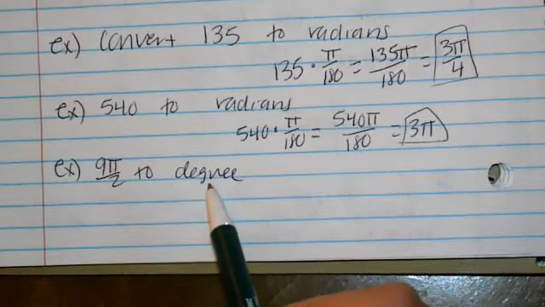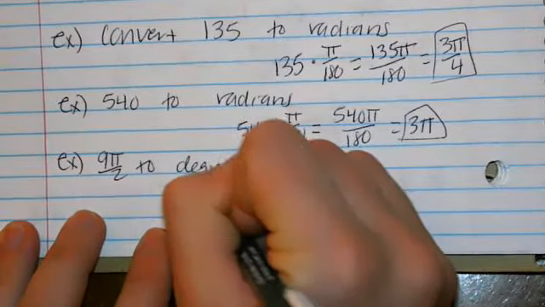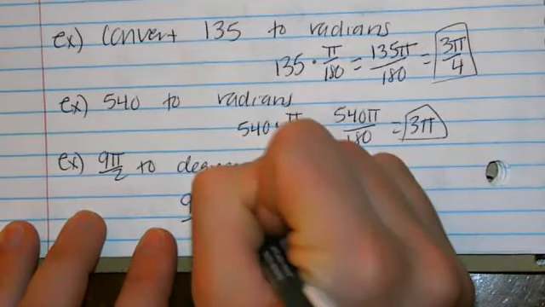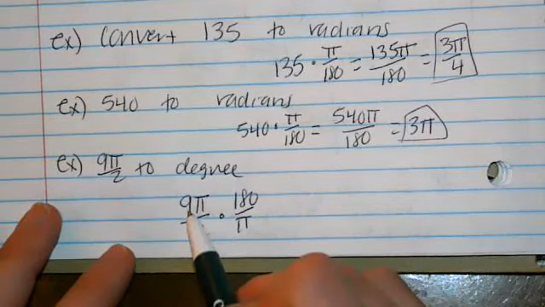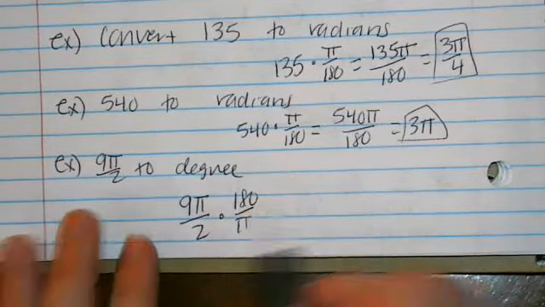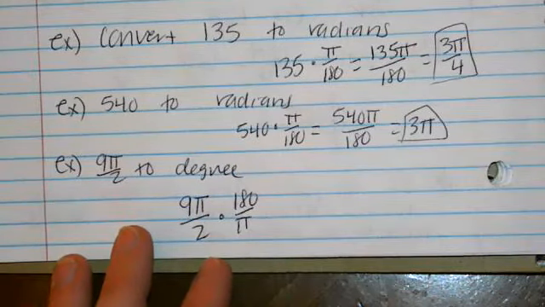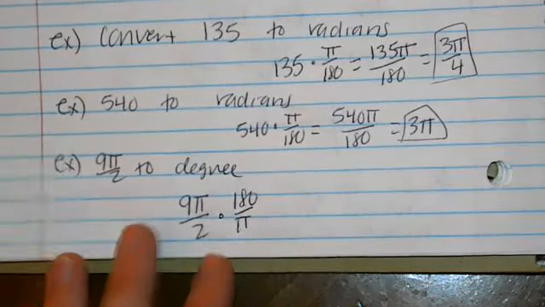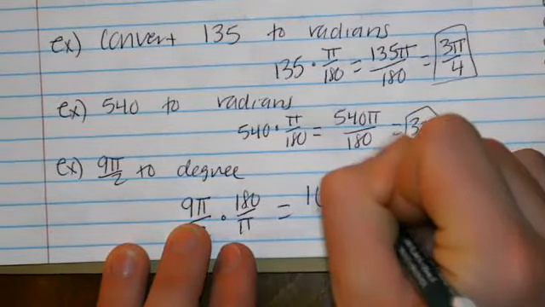So this is going to be degrees, so 180 goes on top. 9 pi over 2 times 180 over pi. Again, when we multiply fractions, we multiply straight across. So 9 pi times 180. Specifically, we take the 9 times 180, giving us 1,620 pi.